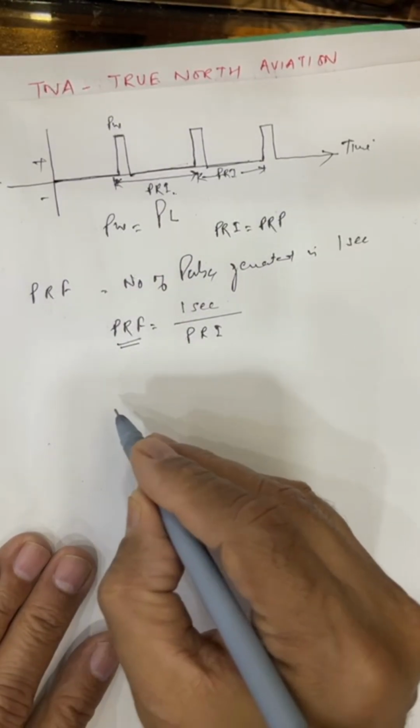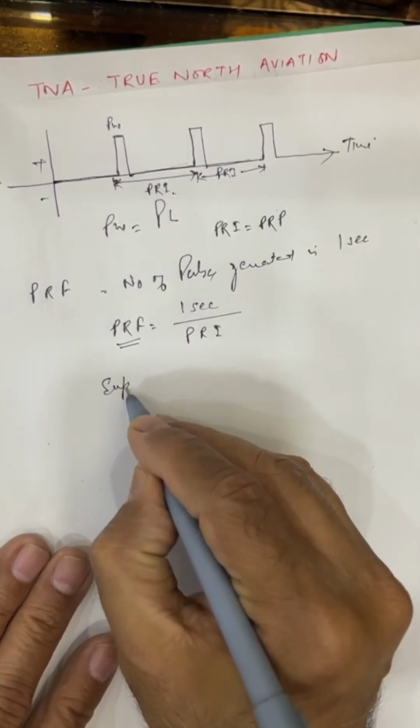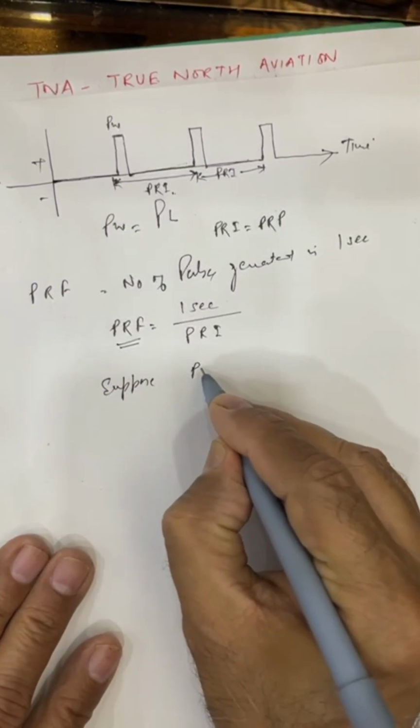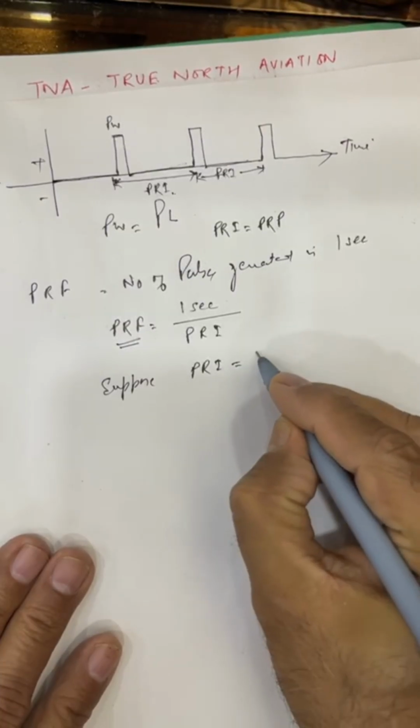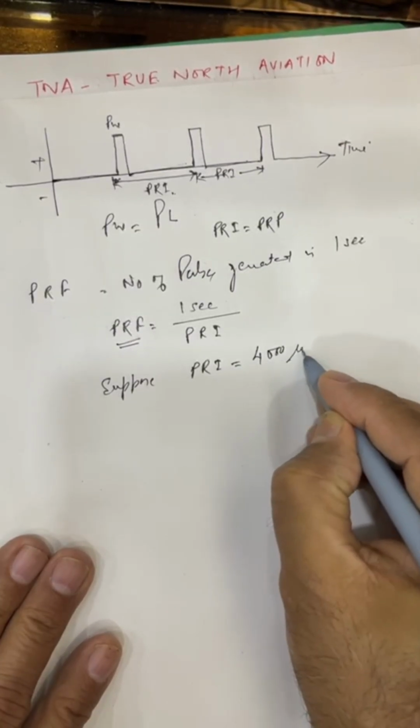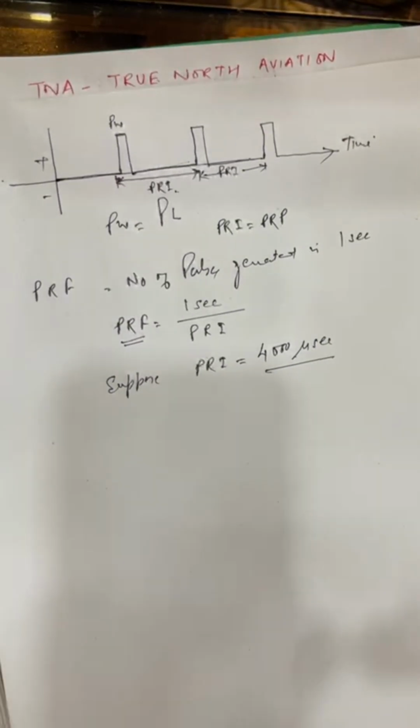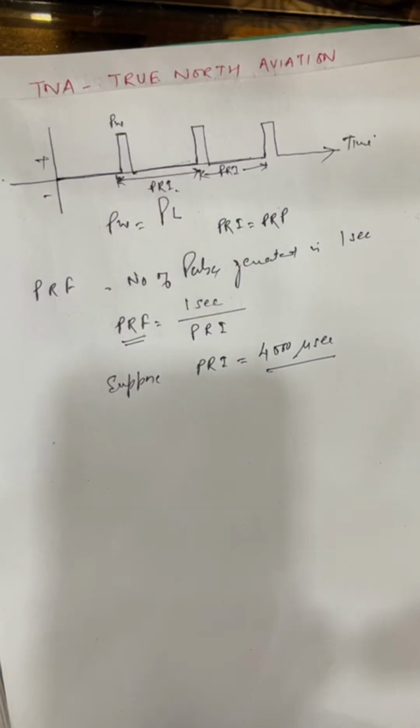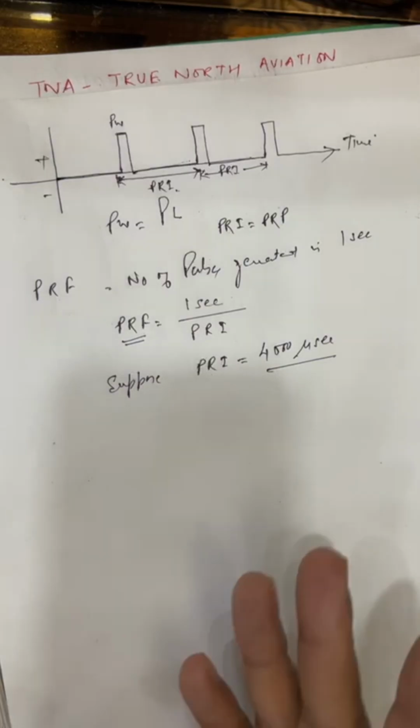Let's take an example. Suppose PRI is 4000 microsecond. These pulses are generated in a very short time, microsecond time. And what is this microsecond?